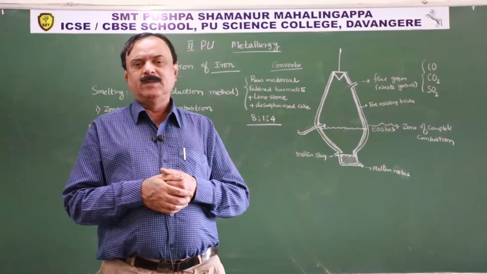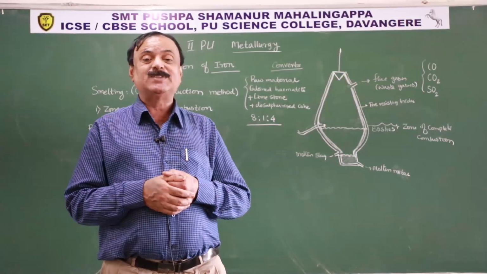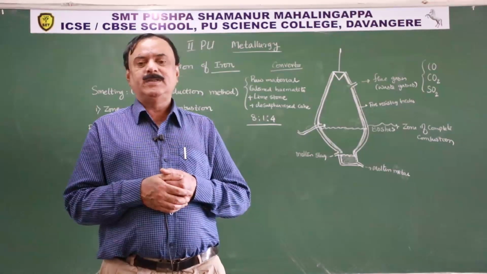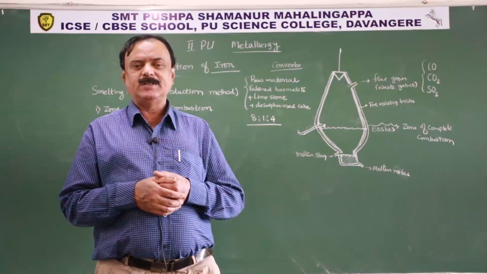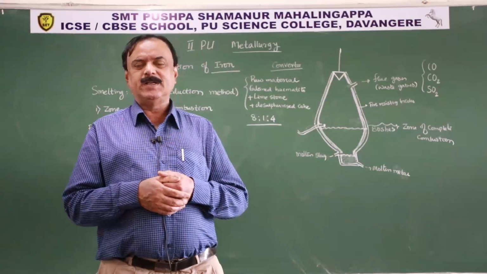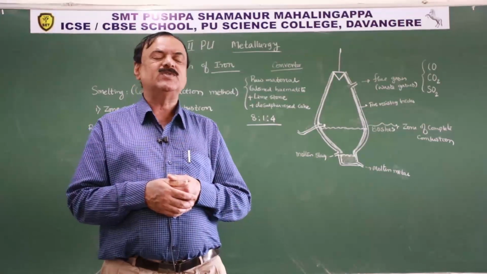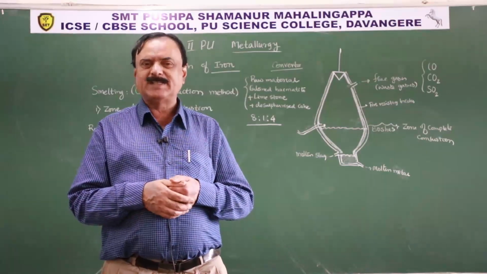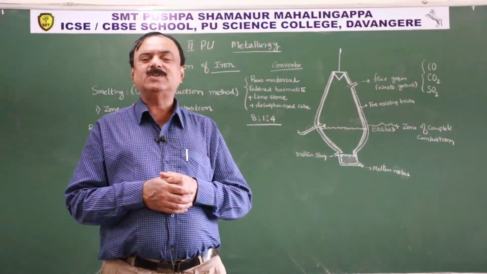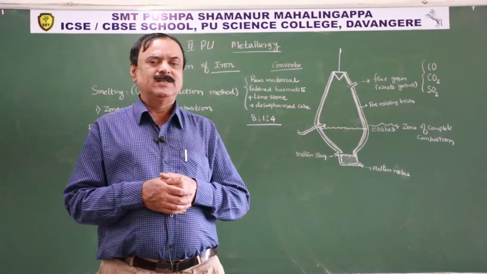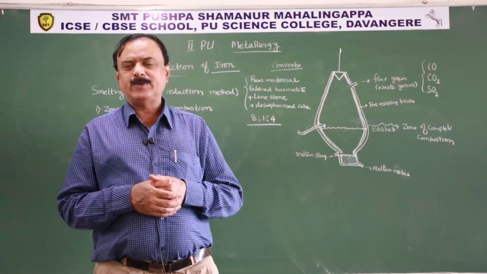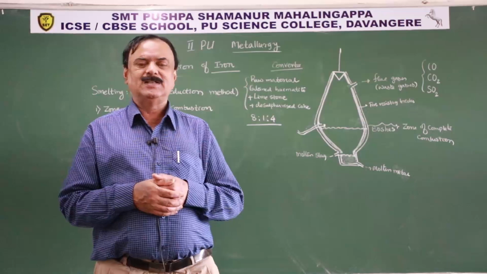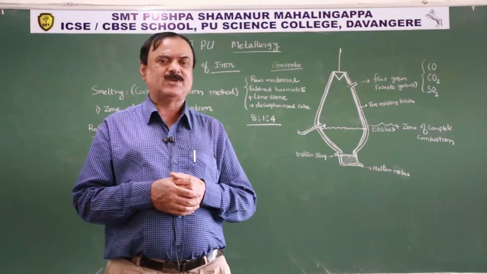Whereas the sulfur associated with the coke also undergoes oxidation during combustion. It gives rise to sulfur dioxide. Whenever sulfur dioxide gas is produced inside the furnace and dissolves in the molten metal at high temperature, the quality of the metal will be destroyed.